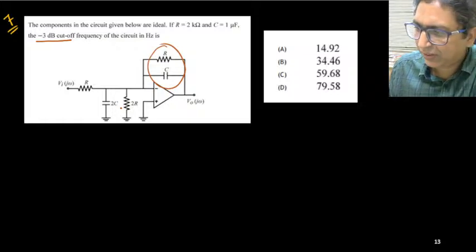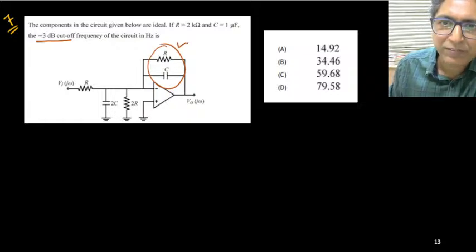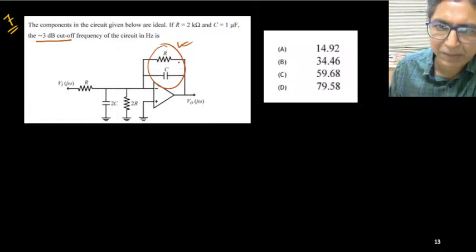So a 2C capacitor is connected here, a 2R resistance is also connected here, and R is connected here. But remember that this provides the feedback, and because of that the op-amp is stable. Once the op-amp is stable, the output is finite, and this potential and this potential become the same.